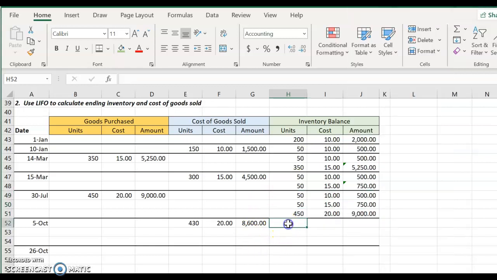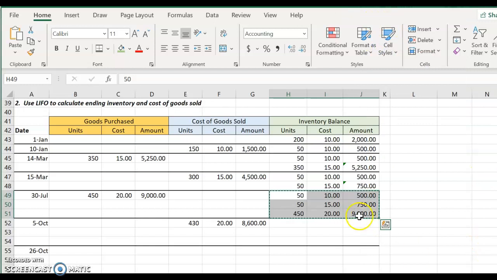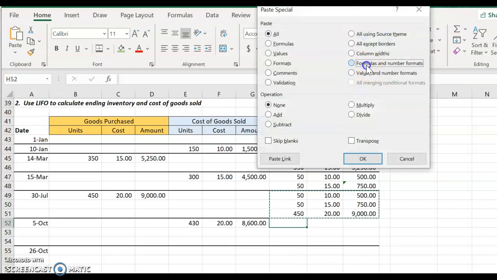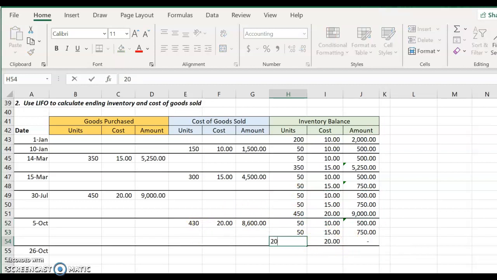And we'll do a paste special. Whoops, I didn't get it copied evidently. Okay, so I have the 50 remaining at 10, and I have the 50 remaining at 15. And out of this $20 batch, I have 450 minus 430. I have 20 remaining there.